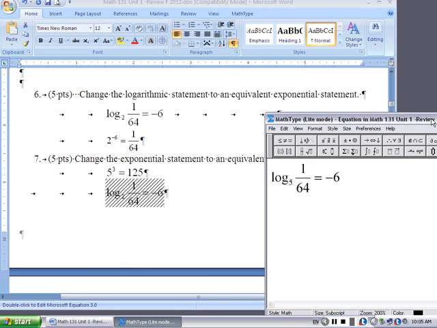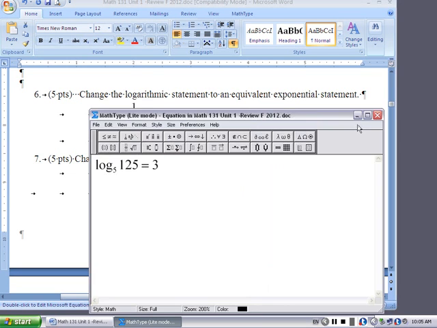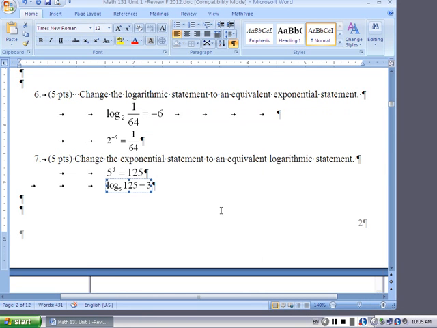Okay? All right, and then the exponent is going to be the output. So the exponent is 3. Okay, the argument for the log is 125. The base is 5. Log to the base 5 of 125 is 3. Does it make sense now?